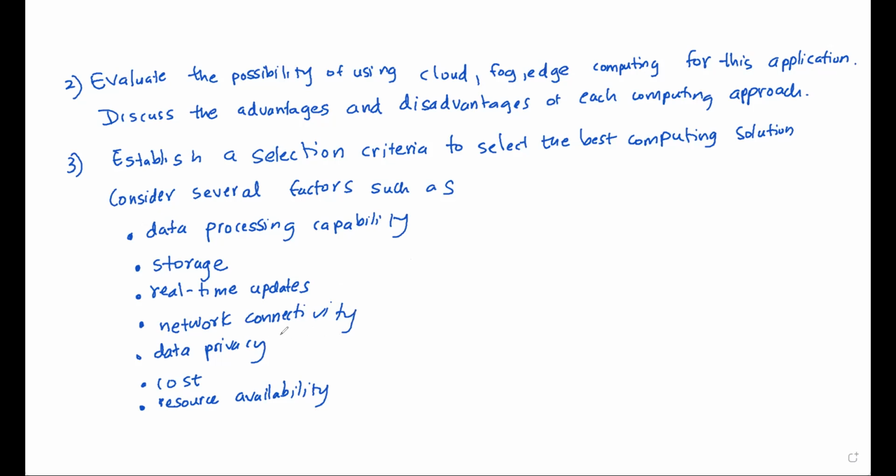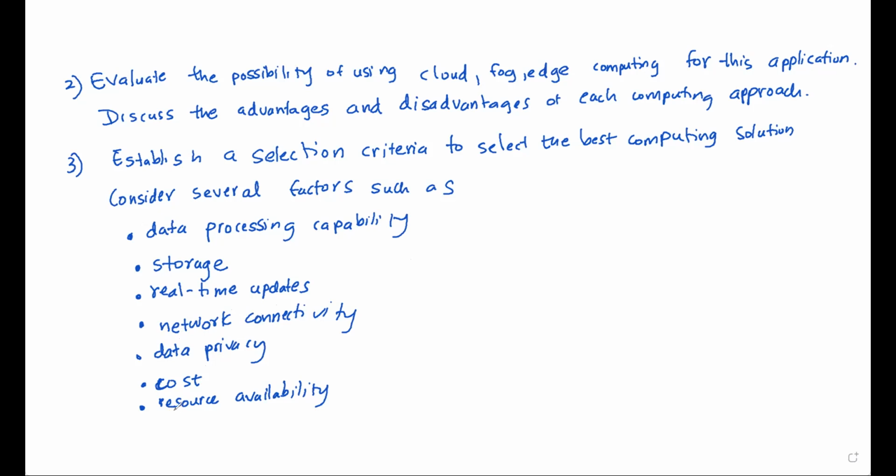And what data security and privacy is required? Do we need to secure the data, or is it not that necessary? And also the cost of implementation of the system, whether the cost is very high when we consider cloud computing as well, or can we go ahead with edge computing only and reduce the cost?